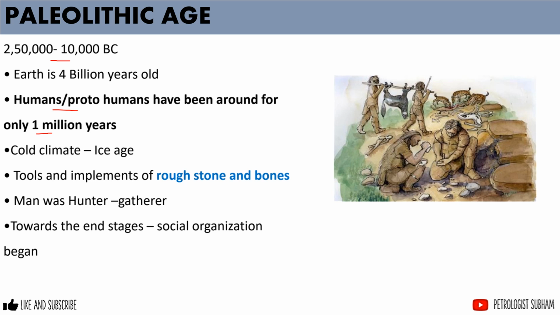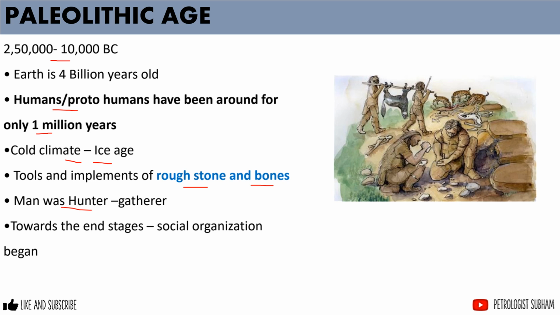Now, during the Paleolithic age, most of the earth was covered under a thick sheet of ice. That's why there was a cold climate or ice age. Tools and implements were of rough stone and bones. From that period, we have rough stone and bone tools that have been excavated. Man was living in a hunter-gatherer setting.